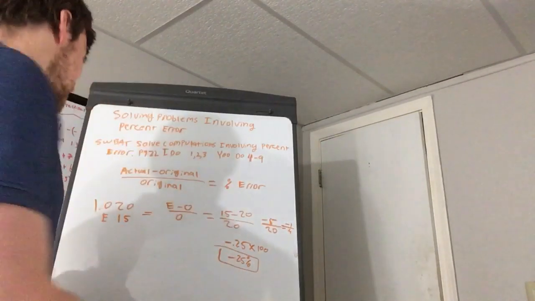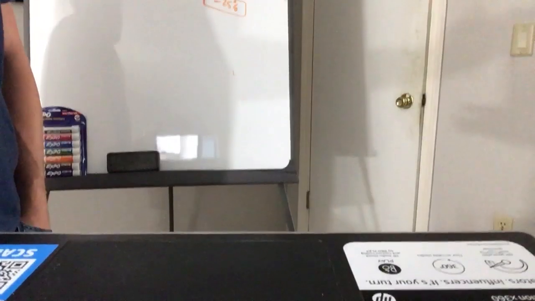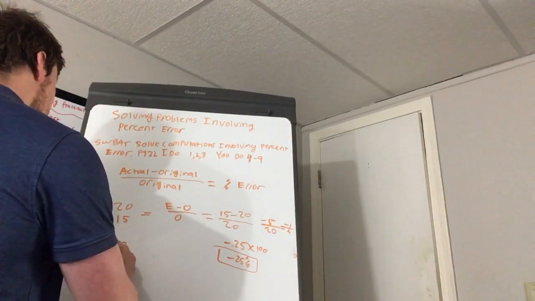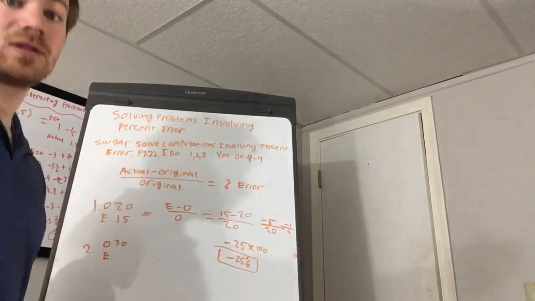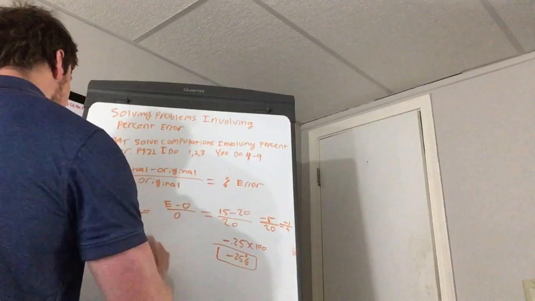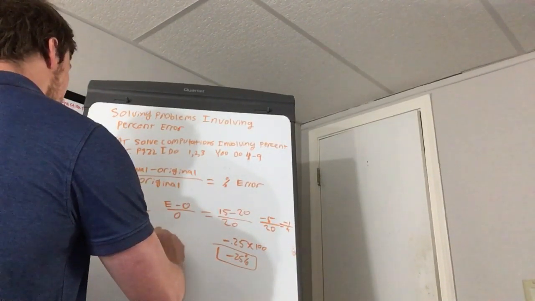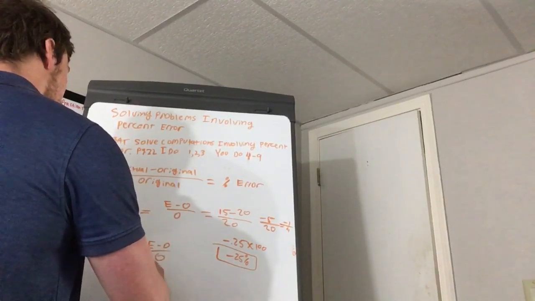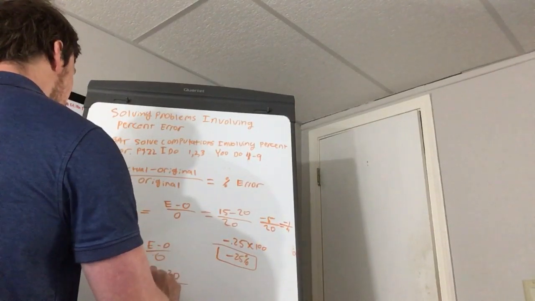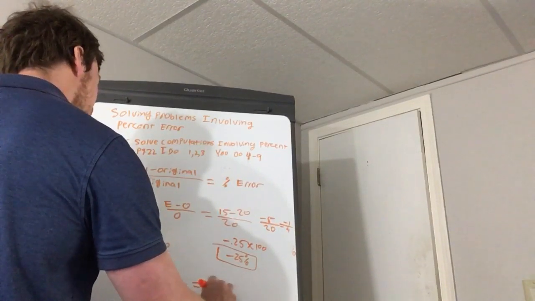So exact same thing for number 2. The original amount is 30. The end amount is 45. So in our formula, E minus O over O equals 45 minus 30 over 30, which is equal to 15 over 30.